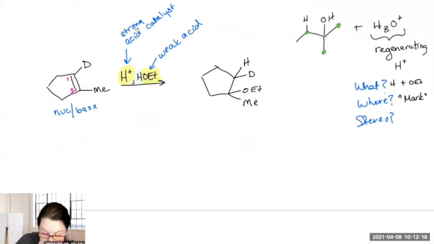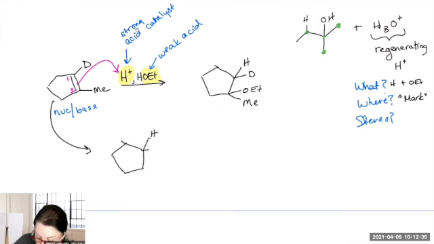So the first step is the pi bond is going to grab a hold of the acid, and we're going to make our carbocation intermediate at carbon number 2. So make a new bond to hydrogen, new bond to deuterium, and we have carbocation at number 2. Okay.